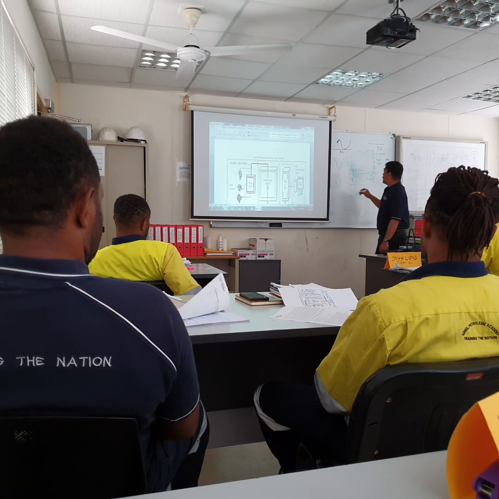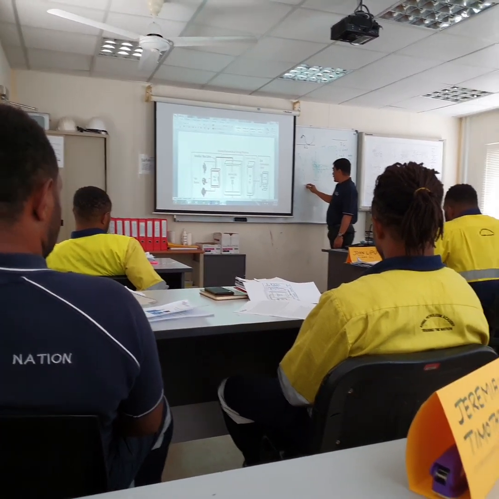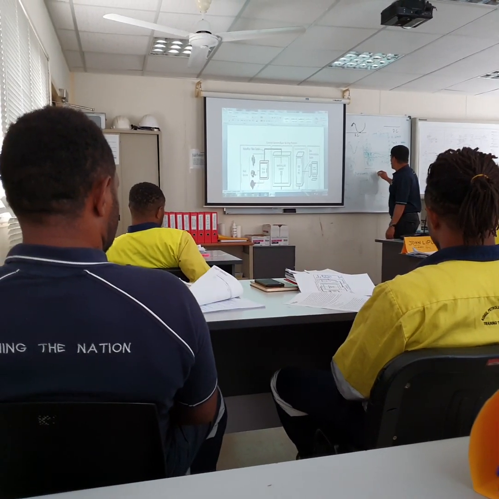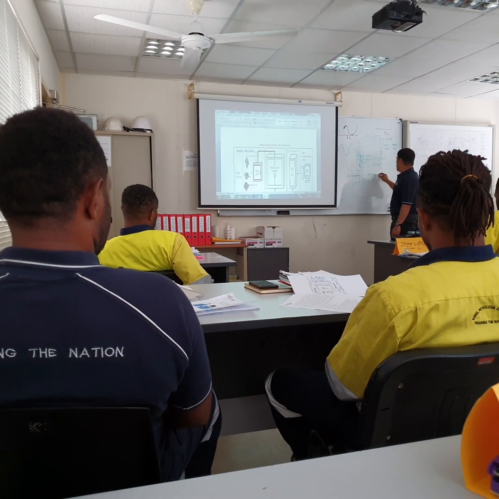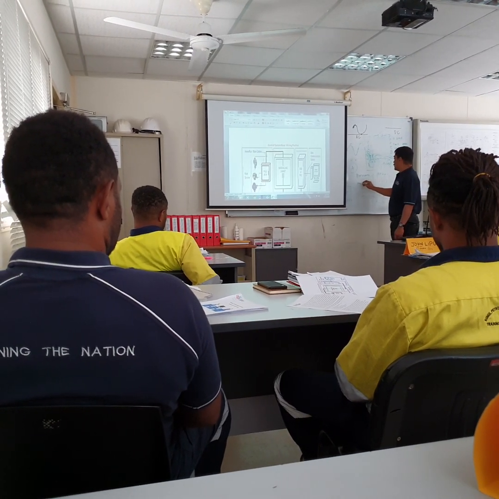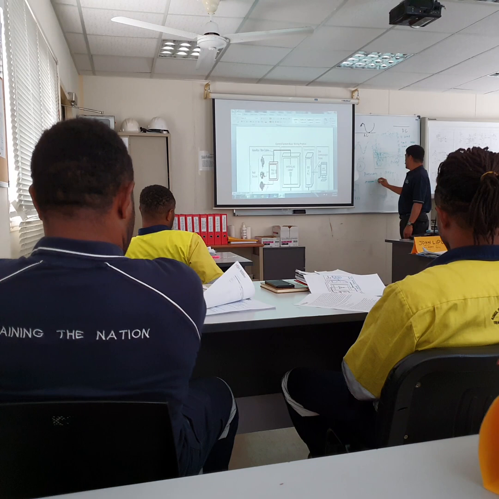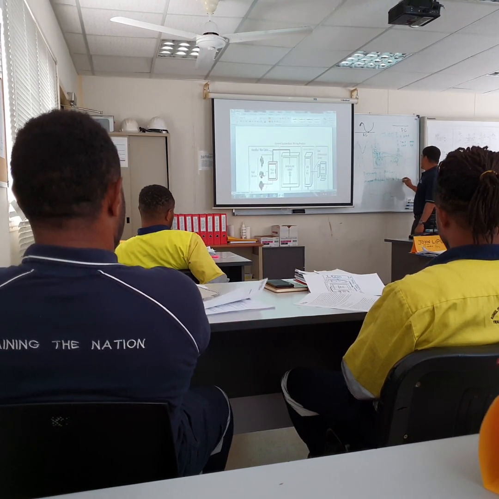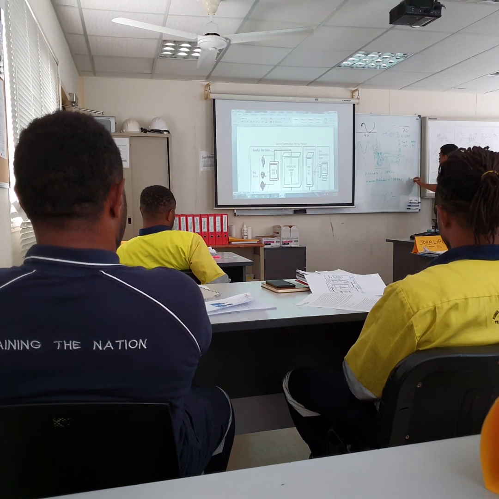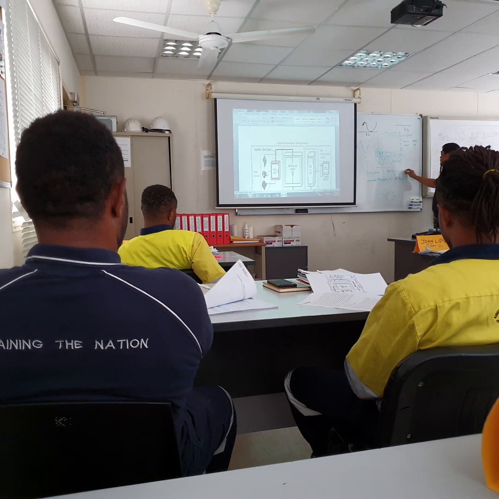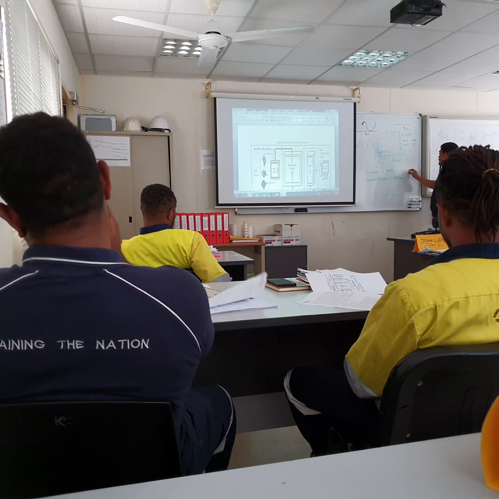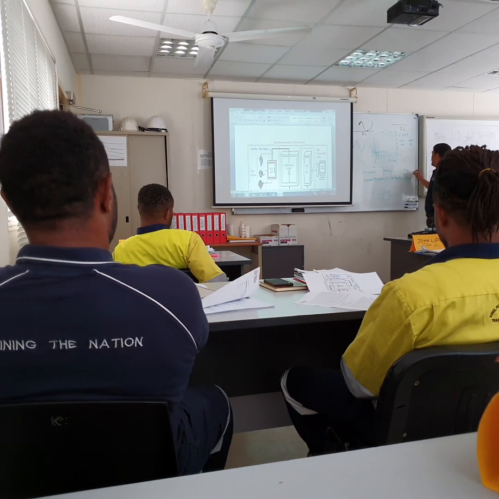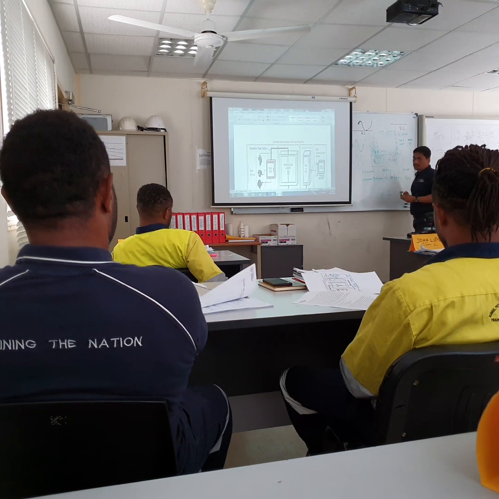For example, if your pressure is maximum of 100 bars and your minimum pressure is equal to 10 bar, so the 10 bar will read 4 milliamps, and the maximum 100 bar will be equivalent to 20 milliamps.